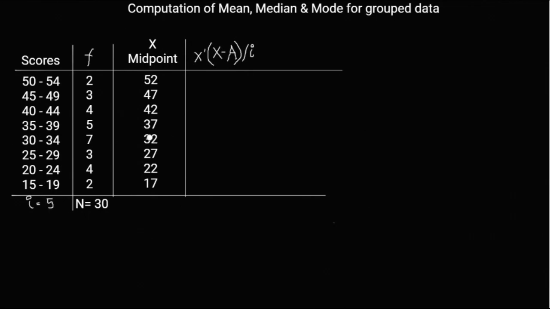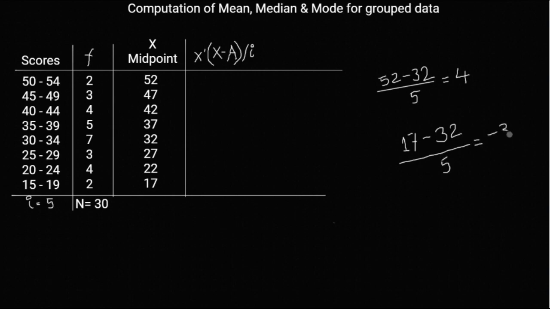So (52 minus 32) divided by 5 is equal to 4. And similarly here capital X is 37, the assumed mean is 32, minus, divided by 5 is minus 3.